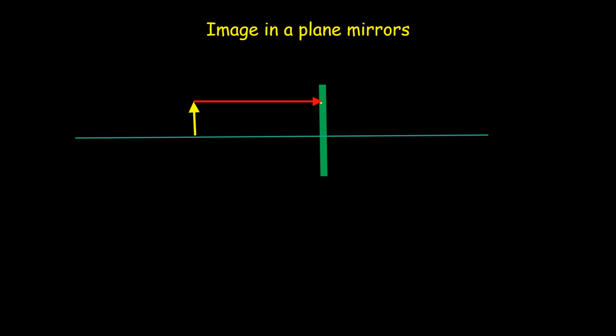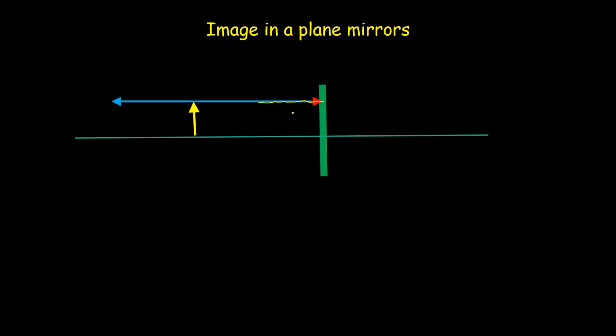If this is the incident ray, the normal is also right on top of it. So the angle between the incident ray and the normal is 0, and the angle of the reflected ray and the normal should also be 0. So it is reflected back on itself.